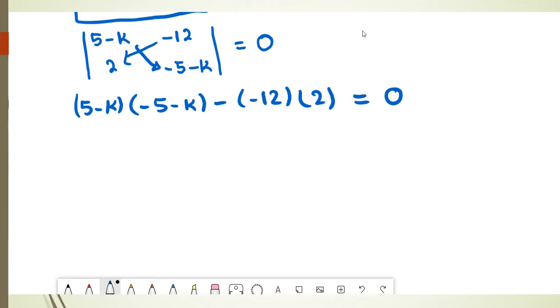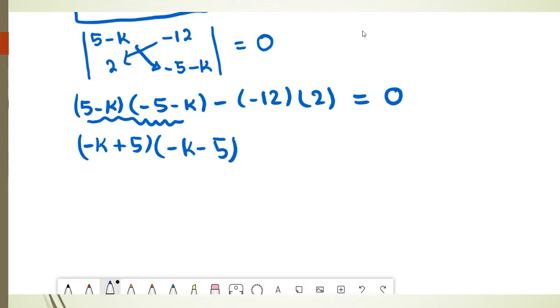Here, this part is known as the difference between two squares. We can rewrite it to make it easy for you. We can write minus k plus 5 multiplied by minus k minus 5.